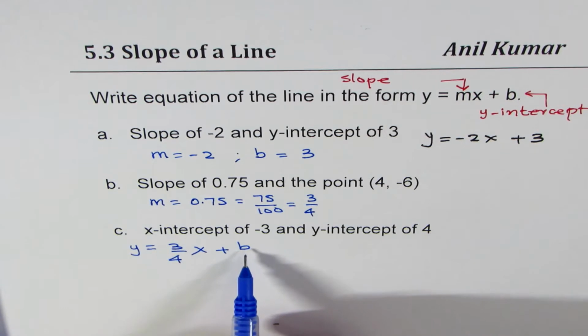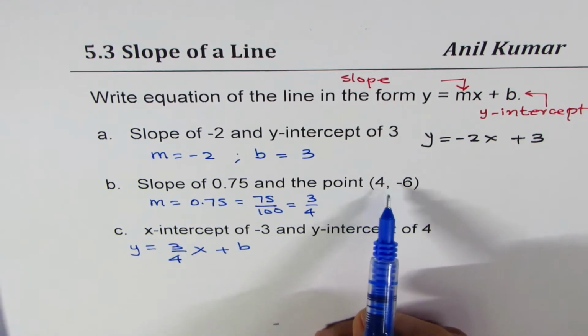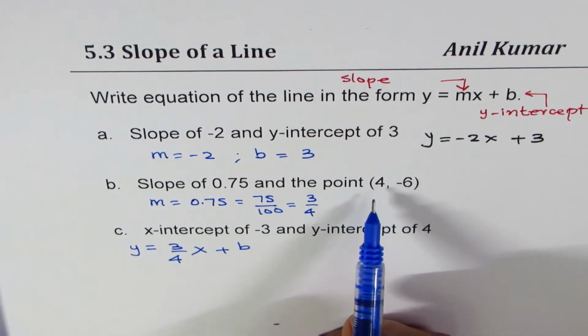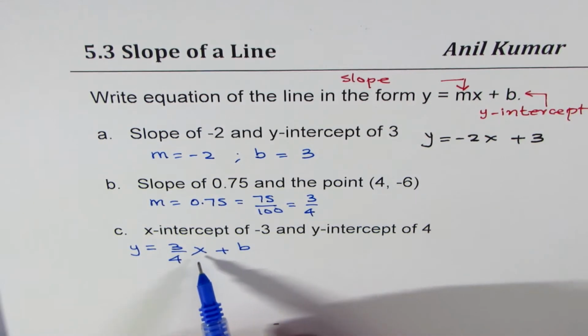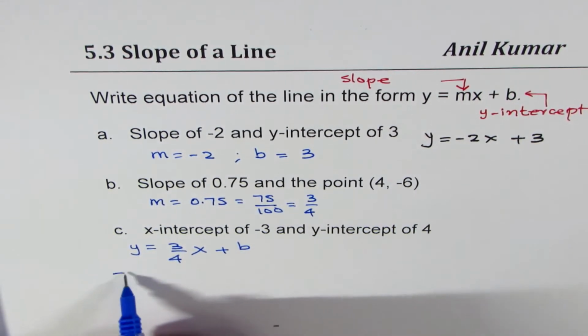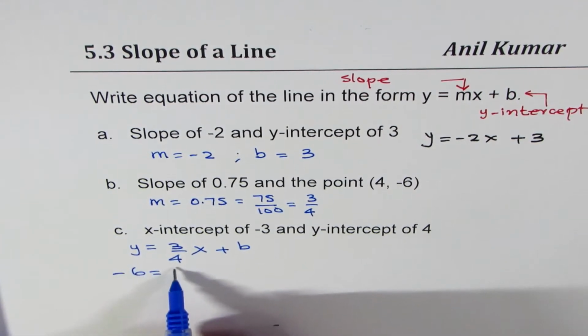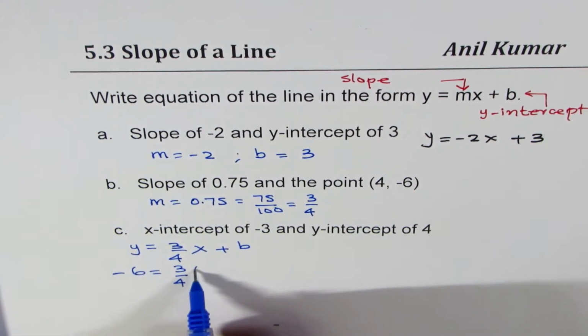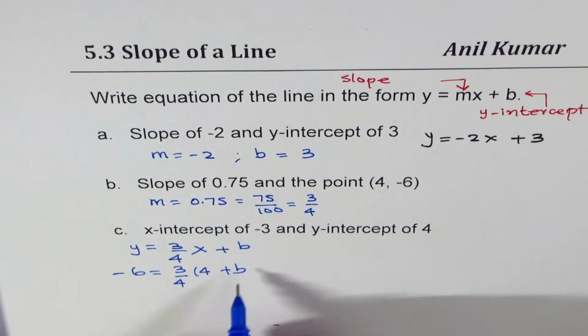To find the value of b, we use the given point, (4, minus 6). If 4 is substituted for x, then the y value should be minus 6. So we could write this as minus 6 equals 3 over 4 times 4 plus b, right?